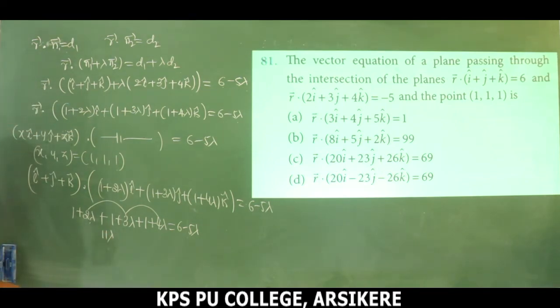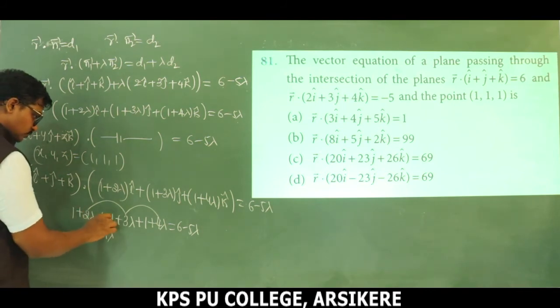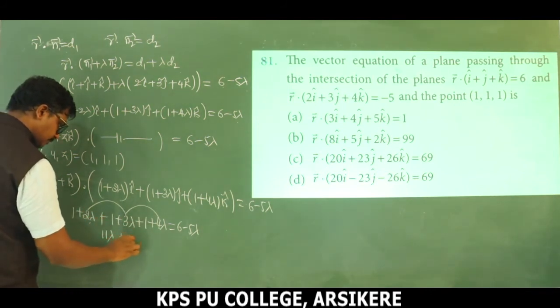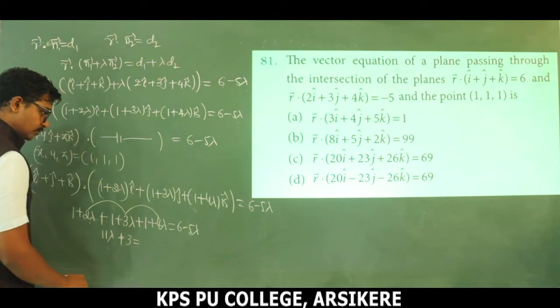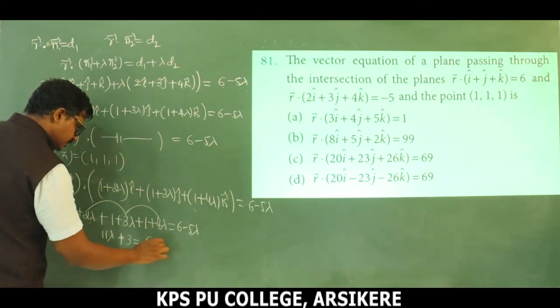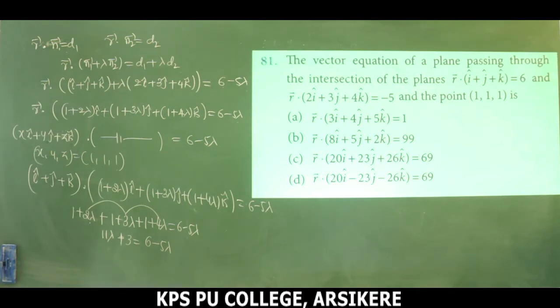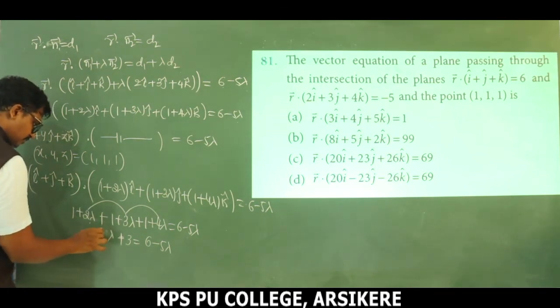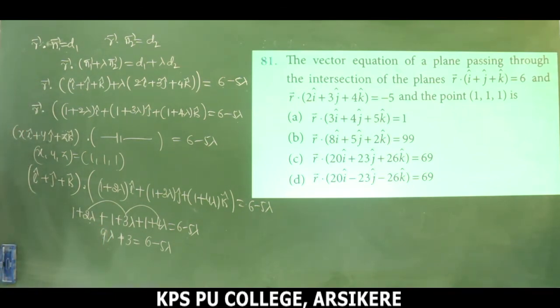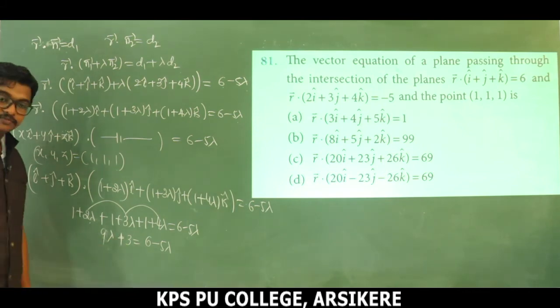And the remaining thing, 1 plus 1 plus 1 is 3. So 9 lambda plus 3 is equal to 6 minus 5 lambda.